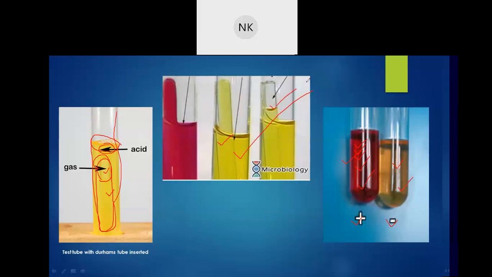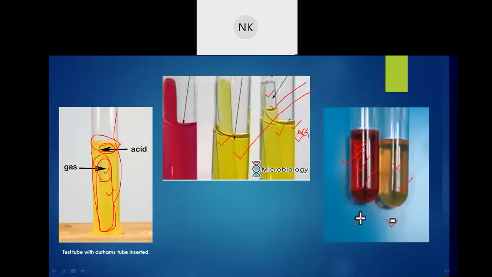So here it is giving a positive result. This one is a positive result for both acid and gas. This is indicated by the gas present in the Durham's tube, and a yellow color.